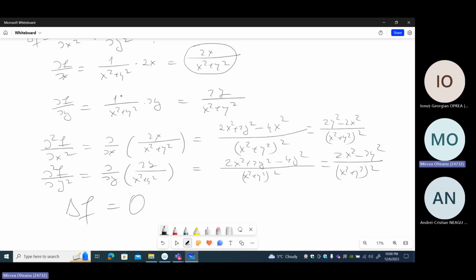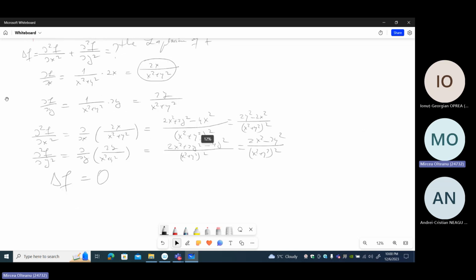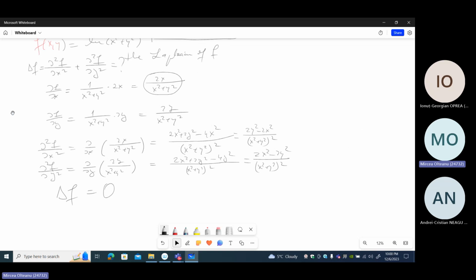That is an interesting result, because functions which have Laplacian 0 are important functions in calculus. They are called harmonic functions. So a function with the property that its Laplacian is 0 is called a harmonic function. The study of harmonic functions is important.